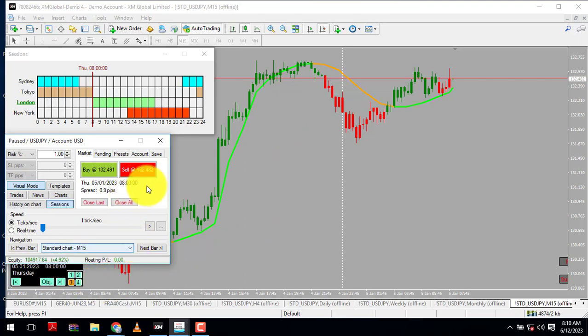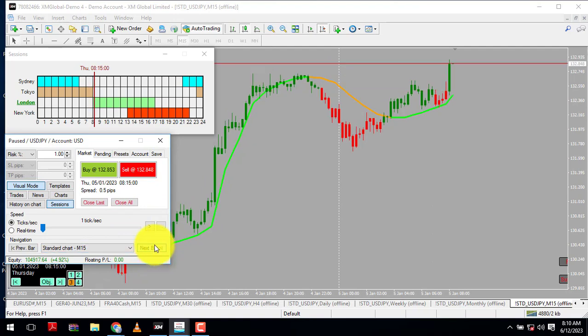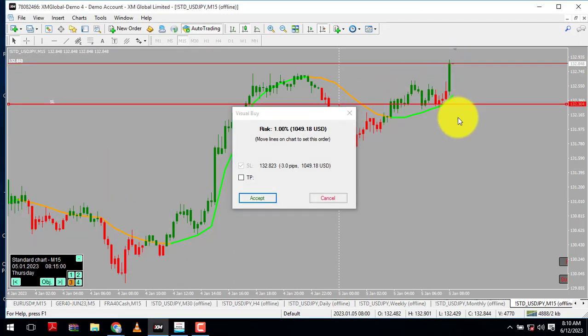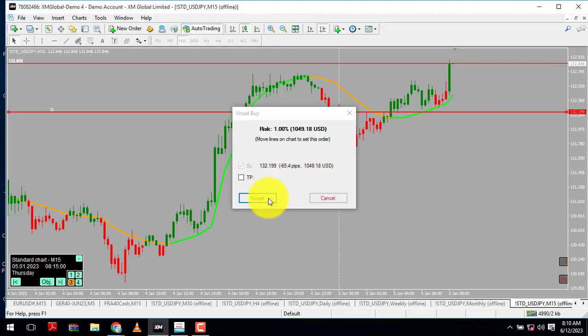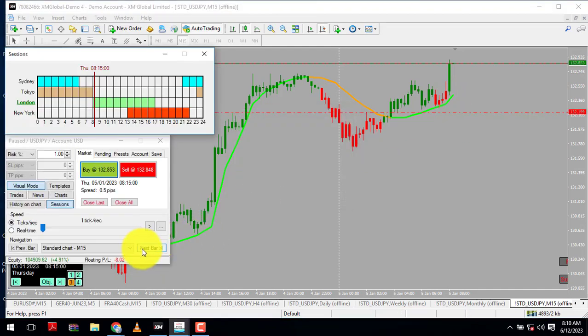Now I'm on my trading desk the following day, and I'm waiting for my signal, and I get it on that candle. So I buy, stop below structure, and wait.